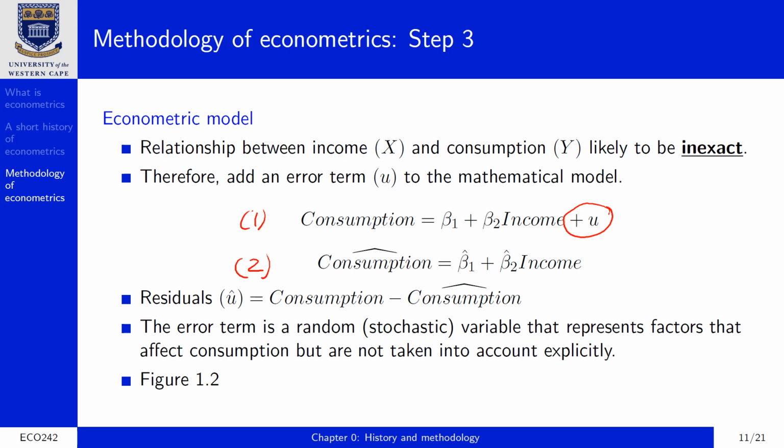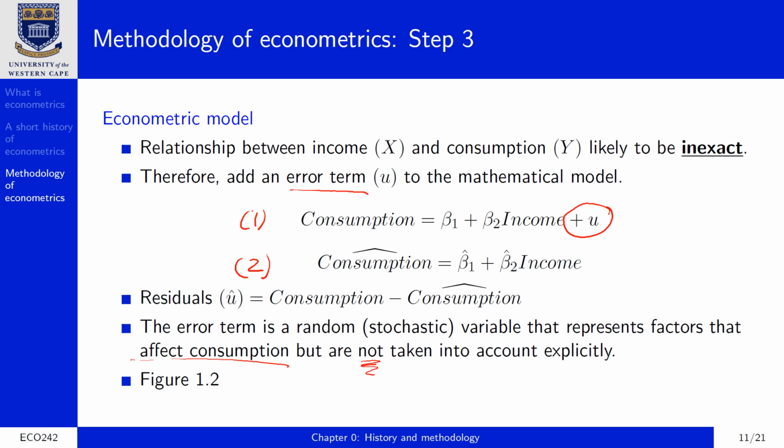This variable is called the error term. And you can think of the error term as representing factors that affect consumption but are not taken into account explicitly. In other words, all the things that can influence the value of consumption in the economy other than income that is not explicitly added into the model.